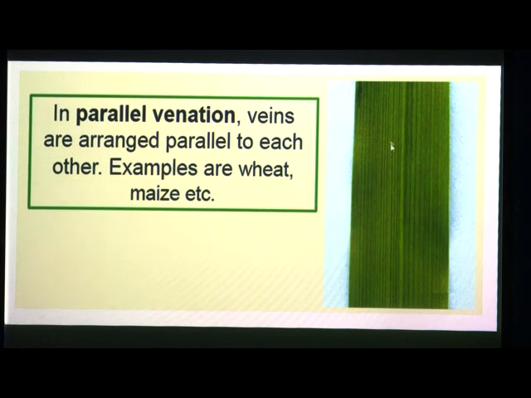All the veins are arranged parallel to each other. Examples of this type of parallel venation are wheat, maize, etc.